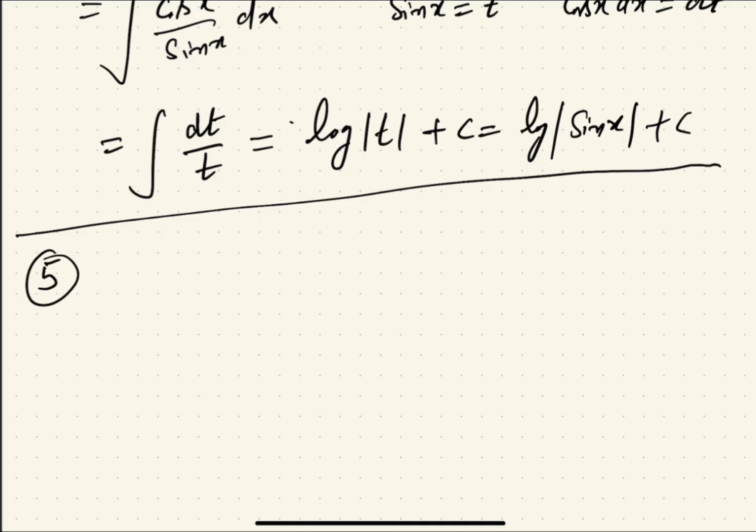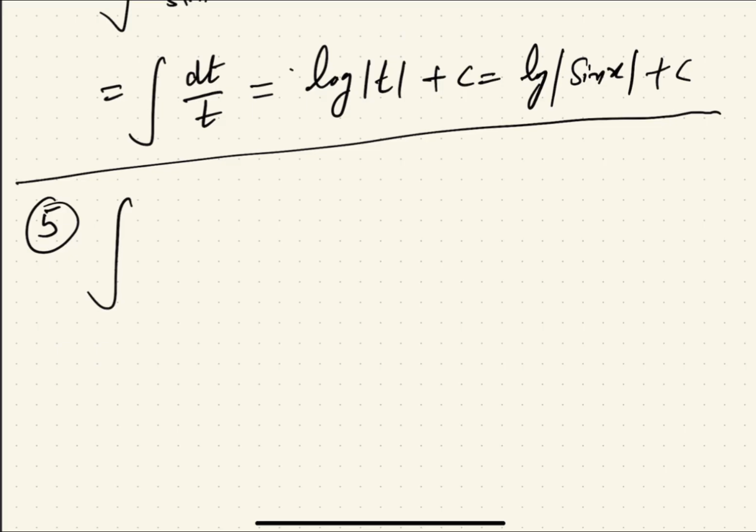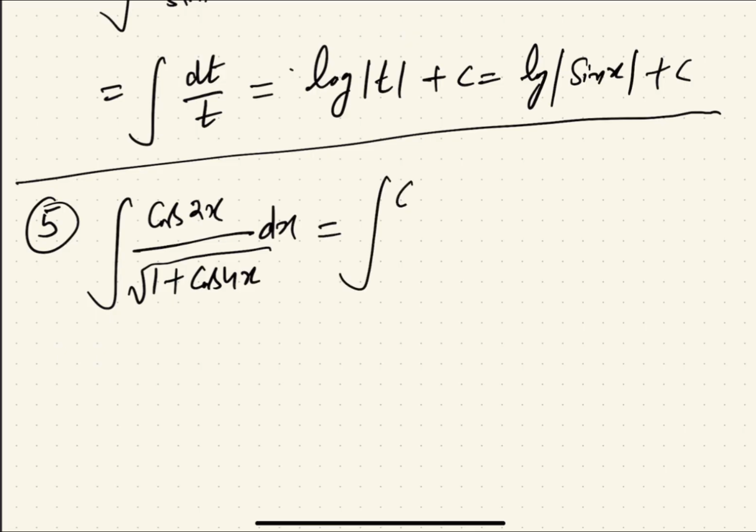Your fifth question is the square root of cosine 2x over 1 plus cosine 4x, dx. I will remove the square root here. This will be cosine 2x, and 1 plus cosine 4x, with half of that angle, that will be 2x, becomes 2 cosine square 2x, dx.